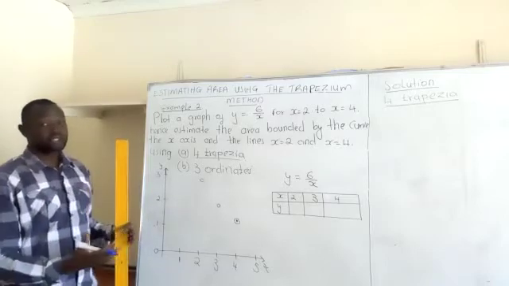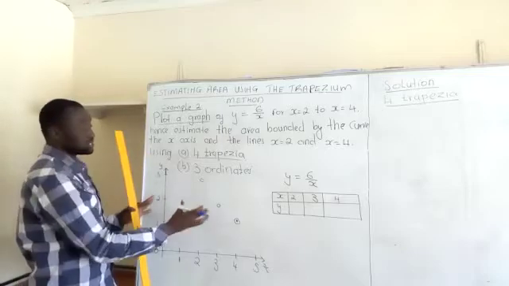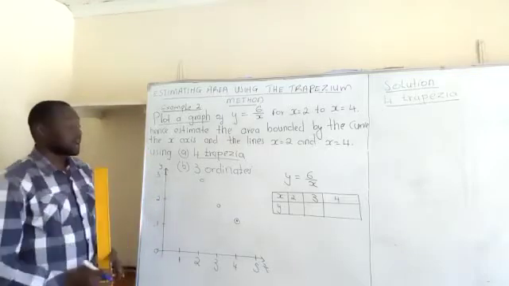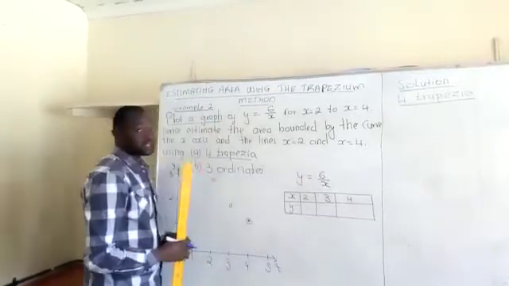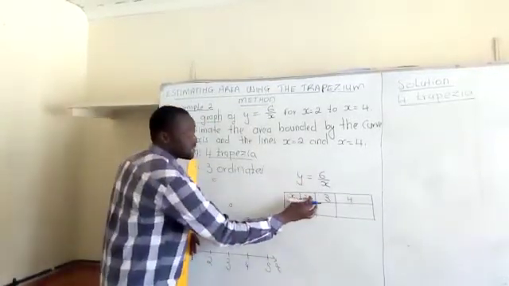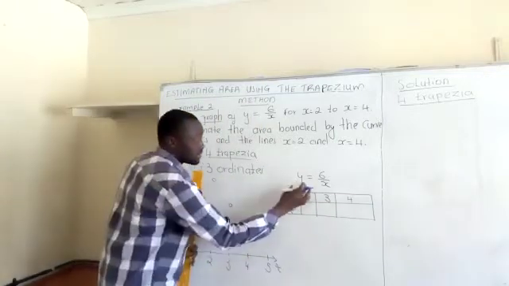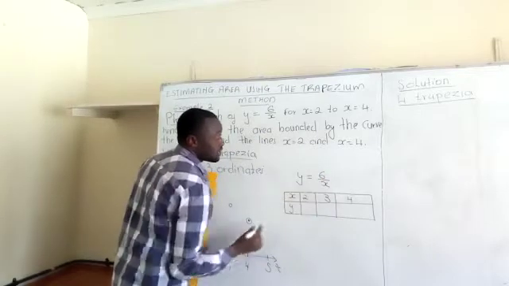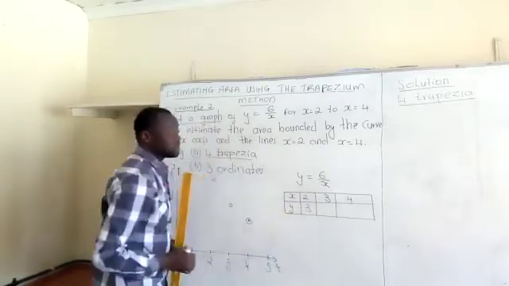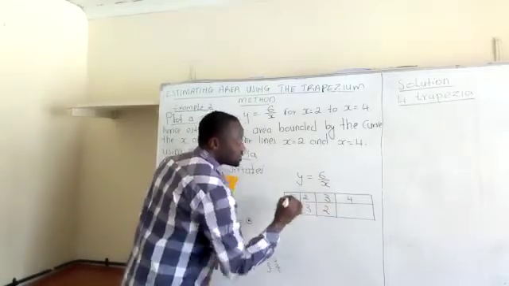So in this case, first we need to plot this on a graph, but I'll just do a sketch. We have the function y equals 6 over x, for values of x from 2 to 4. The value of y when x is 2, 6 divided by 2, will be 3. 6 divided by 3 will be 2.